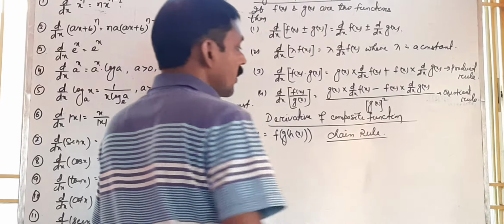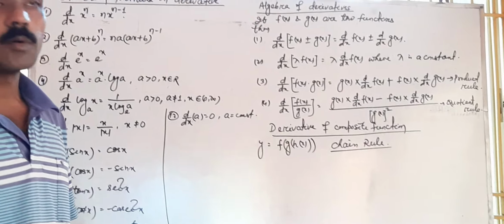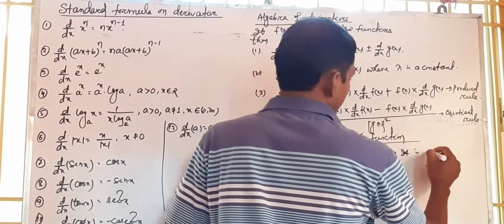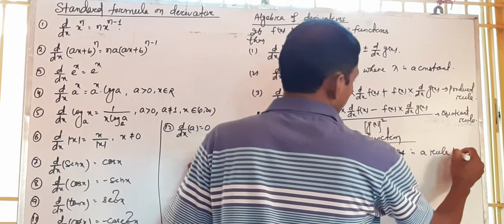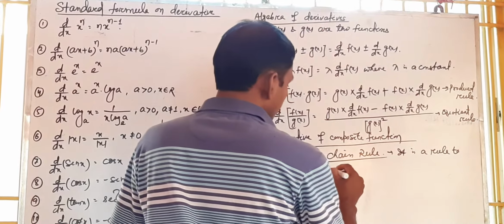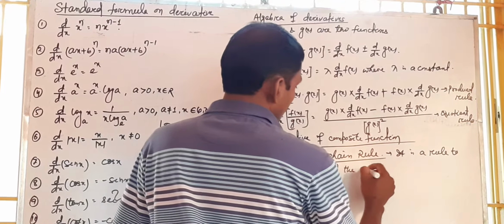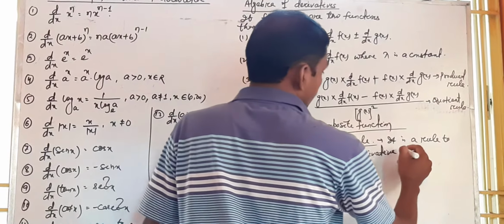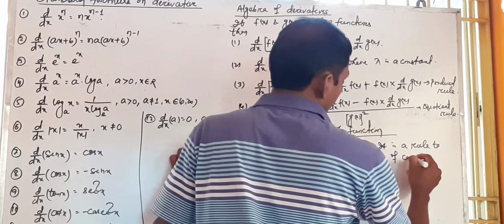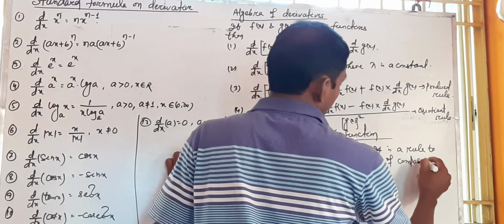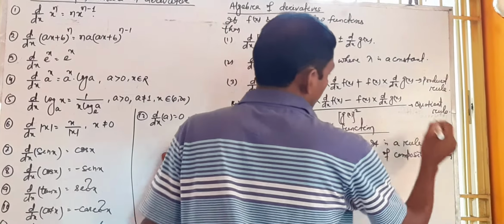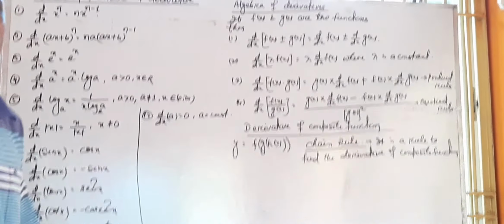So what is the chain rule? It is a rule to find the derivative of a composite function.